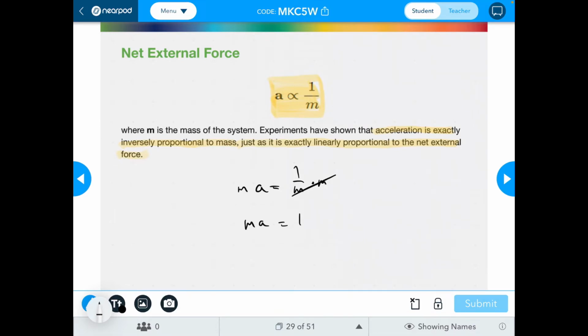So they might look like this, or like how it is right now with an equal sign, 1 over. But for our sake, it's going to be mass times acceleration. And not only is it mass times acceleration, if I change that 1 to an F, that is Newton's second law.